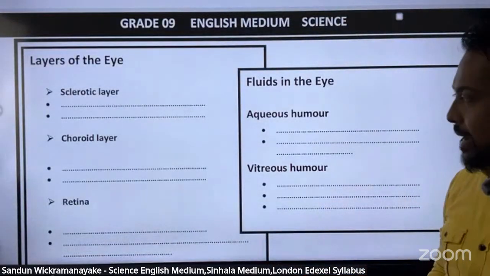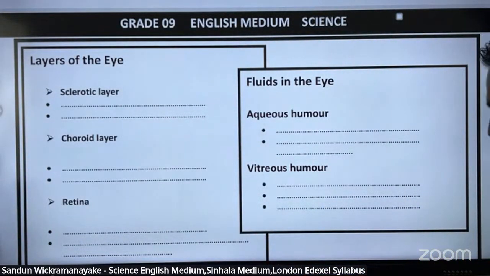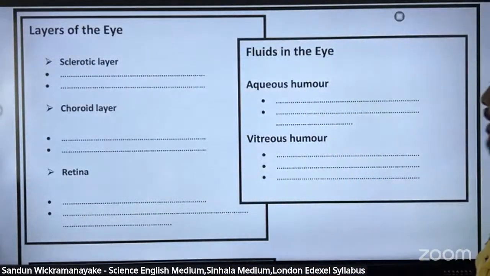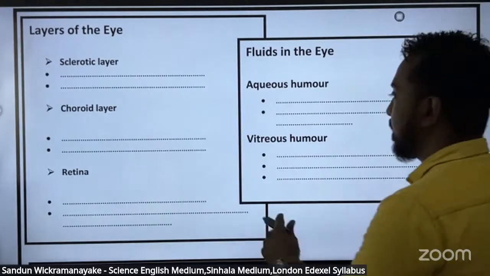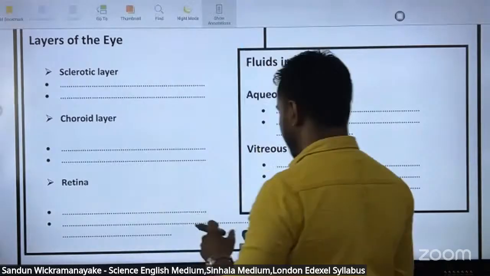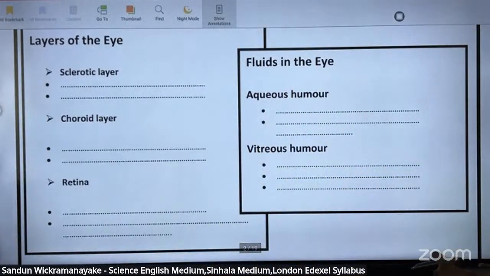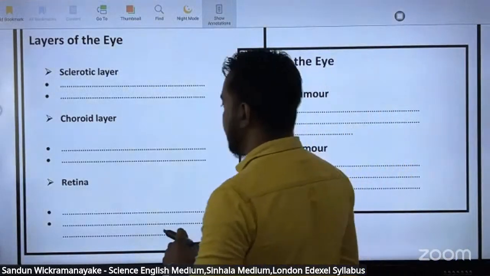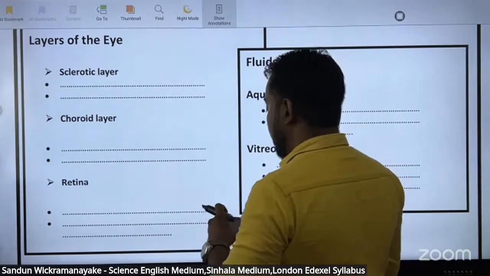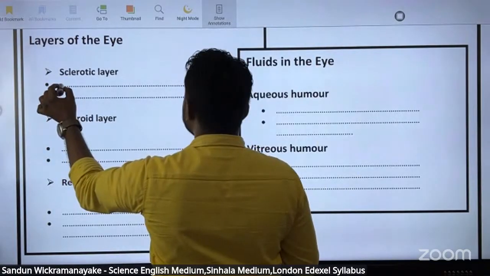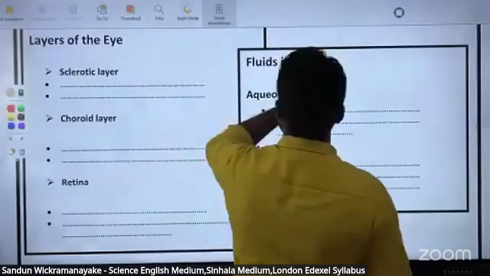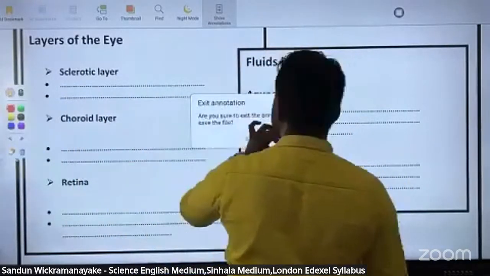The layers of the eye. You know, there are three layers around our eye. Number one is the sclerotic layer. The second one is the choroid, and the third is the retina. Write down with me: sclerotic layer.